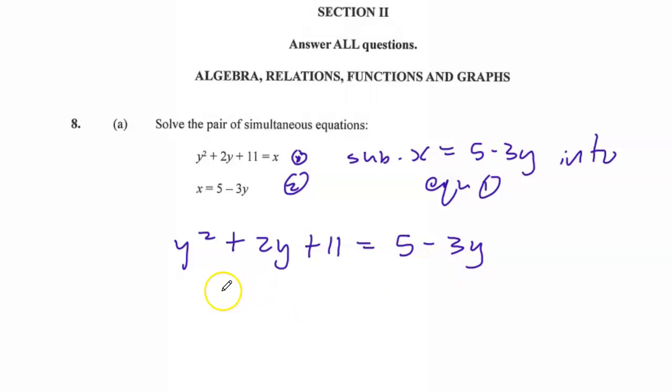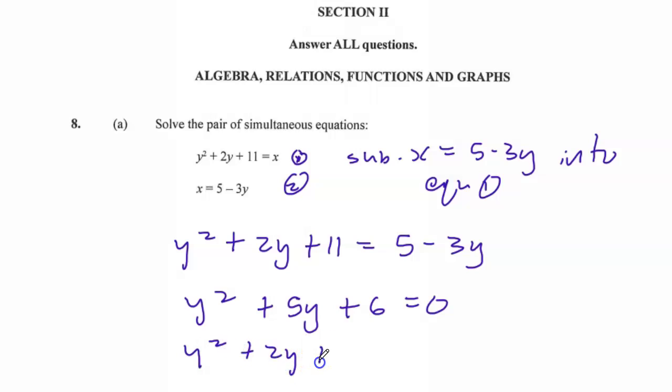So we're going to group: y squared plus 2y plus 3y, that's 5y, and 11 minus 5, that's positive 6. So we can factorize. We can rewrite 5y as 2y plus 3y.